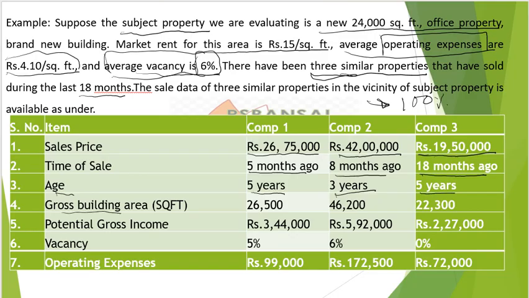Gross building area: it was 26,500 square feet, 46,200, and 22,300. Potential gross income: 3 lakh 44,000, 5 lakh 92,000, and 2 lakh 27,000 for comparable third.